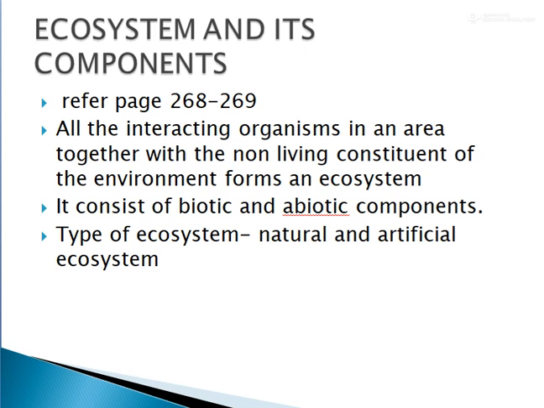As the name suggests, natural means by nature itself, where there is no involvement of human beings. Artificial means created by human beings. For example, natural ones include forests, ponds, lakes, etc. Artificial ones include our garden and crop field, etc., which are created by human beings.